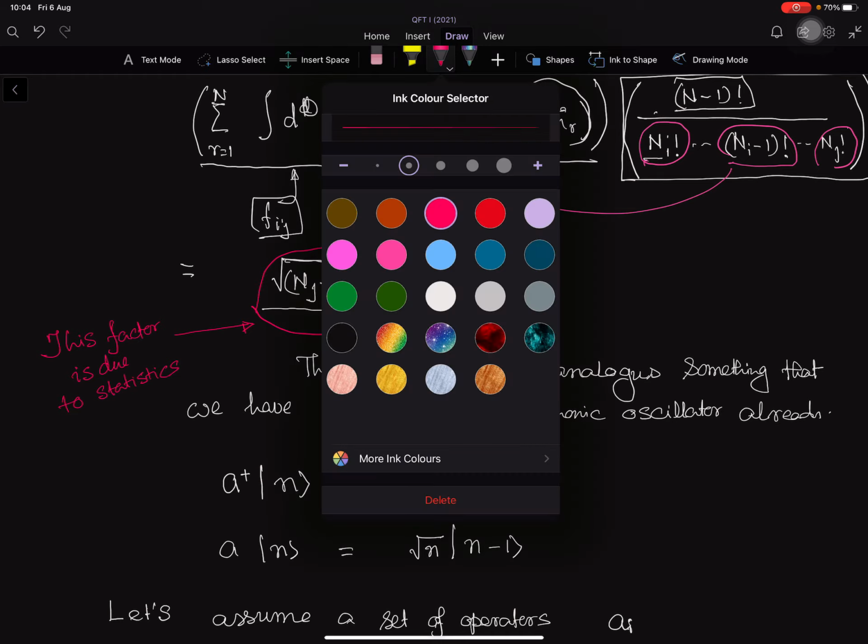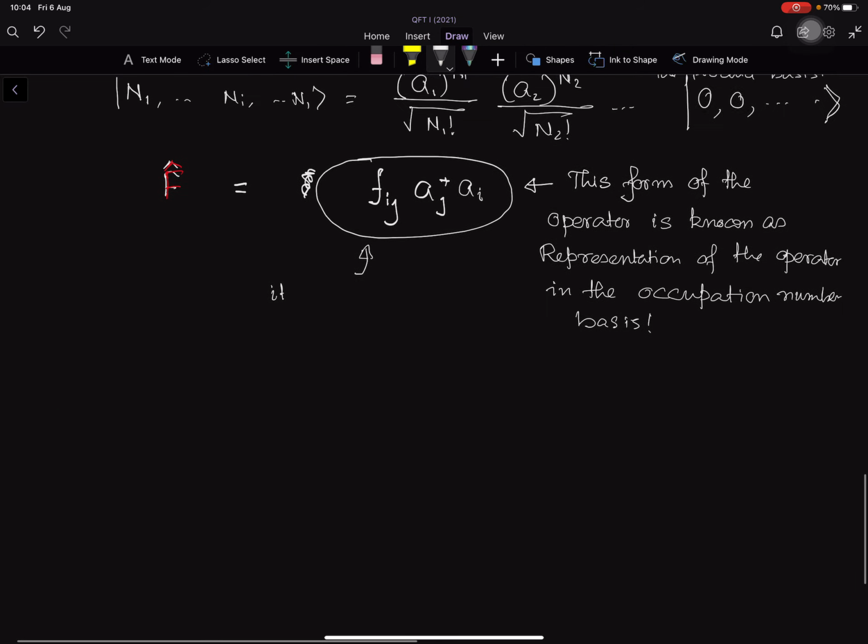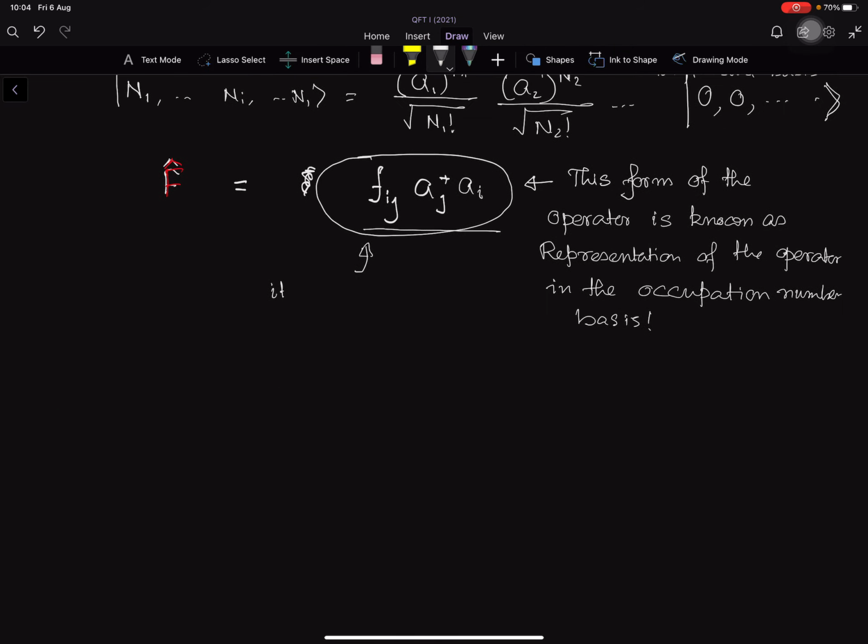So this factor is a consequence of statistics, and this form automatically knows about it. In other words, statistics is built into this form.